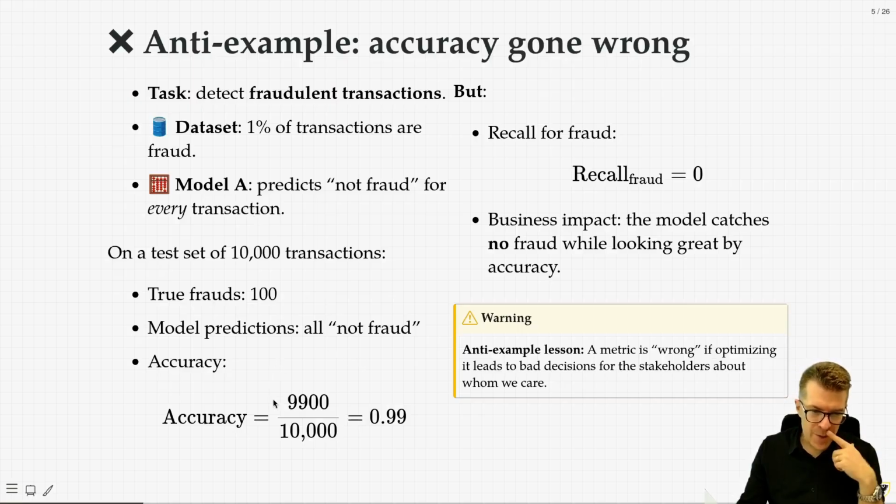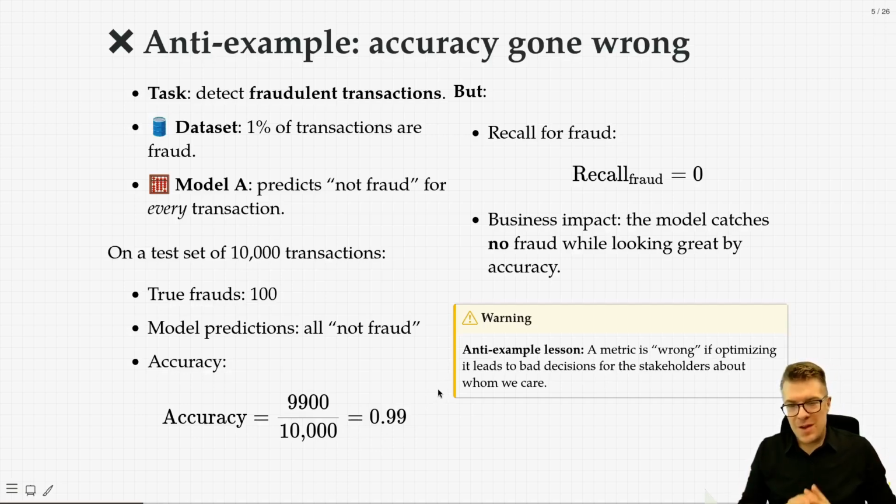We'll keep on doing so. And on this test set of 10,000 transactions, 9,900 instances will be not fraud, and those will be correctly classified, and therefore the proportion of correct identifications over the total number of instances in this test set is 99%.